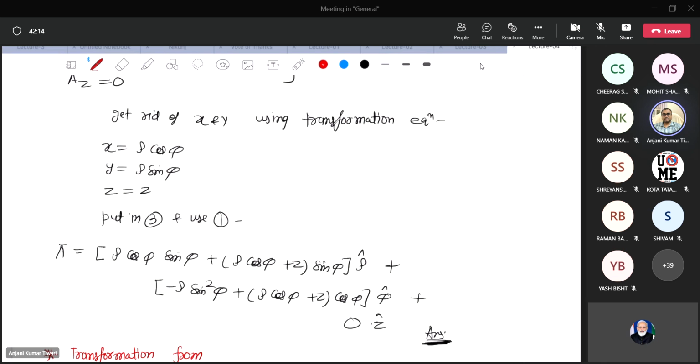Of course, vice versa you can do just by taking the inverse. So let's say from spherical to cylindrical coordinate.